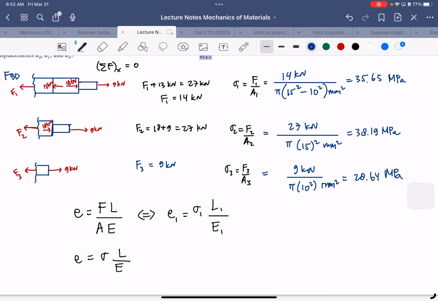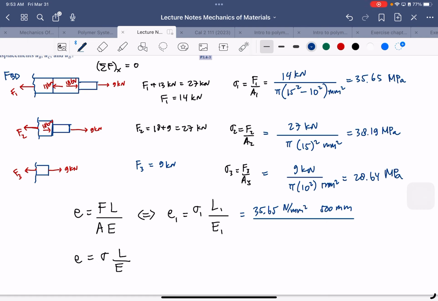So we can write here, this is going to be 35.65 Newton per millimeter squared. L1, L2, L3 are all 0.5 meter. So it becomes 500 millimeter, right?